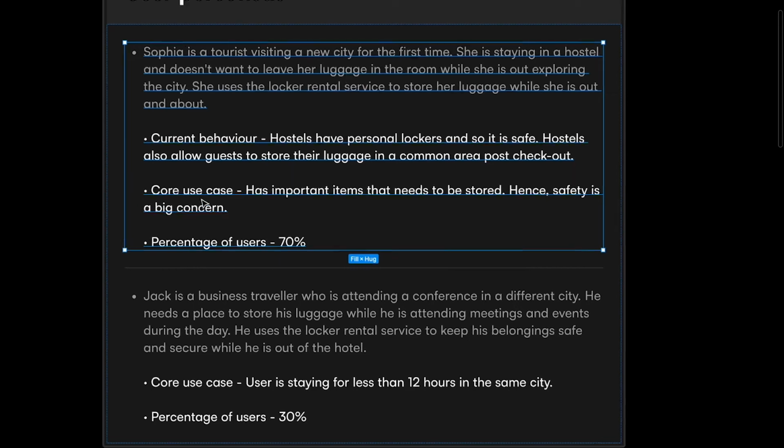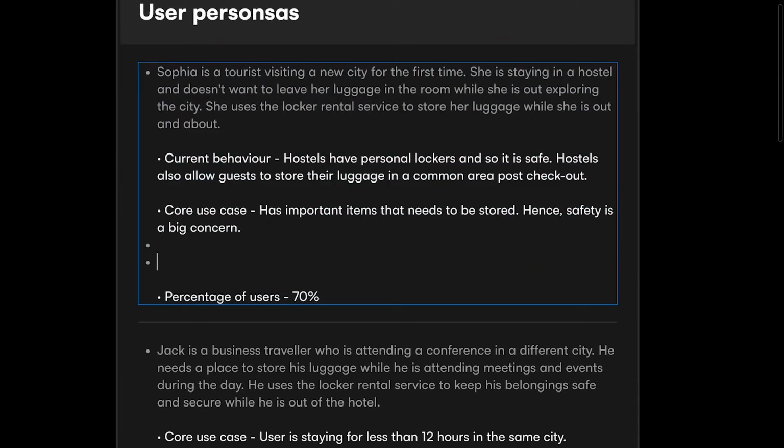Now another interesting thing that we can talk about over here is what are the things that Sophia might want to store, right? So in this case, items to store would be cash, could be jewelry, and then documents, right? Anything, right?